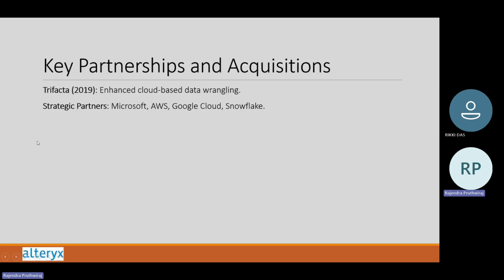They acquired it and renamed it as Server. So this strategic partnership means Alteryx can connect with all the cloud platforms. Correct. I use Snowflake very frequently. Okay, it's good to know. Maybe you can give me some understanding on Snowflake because I have not used it as of now.